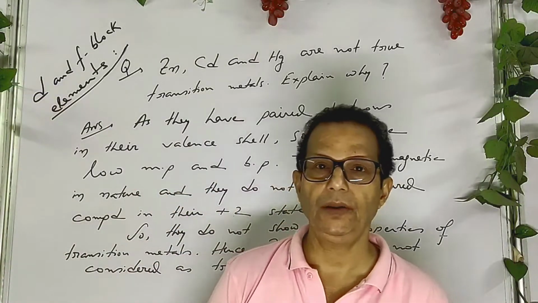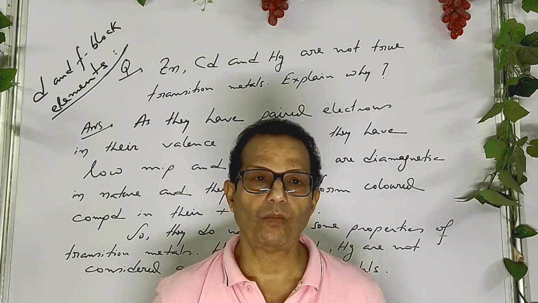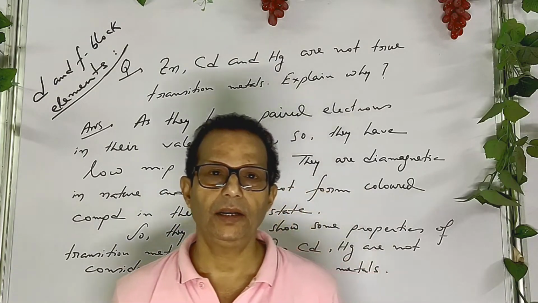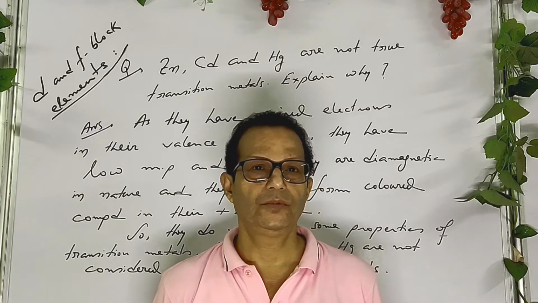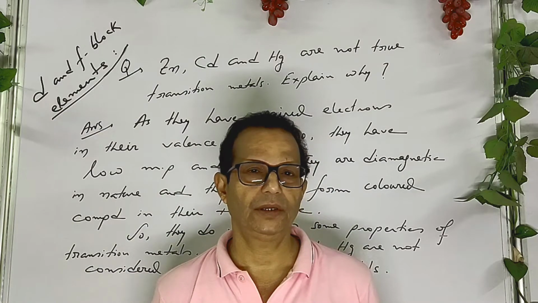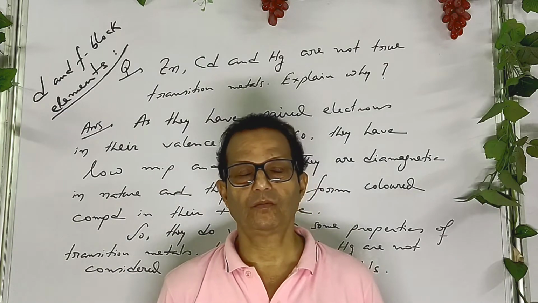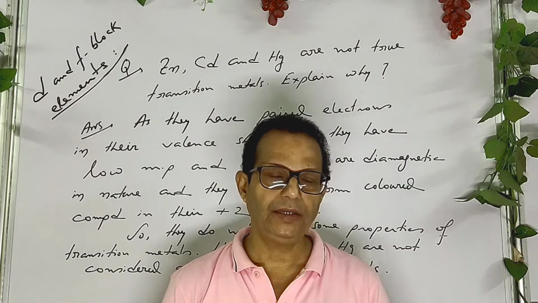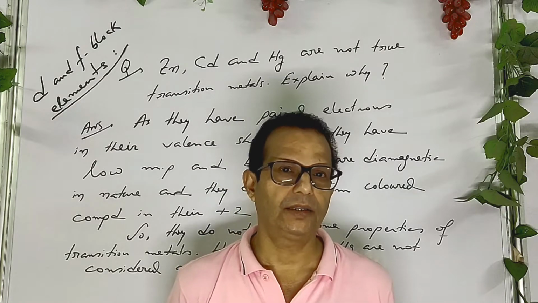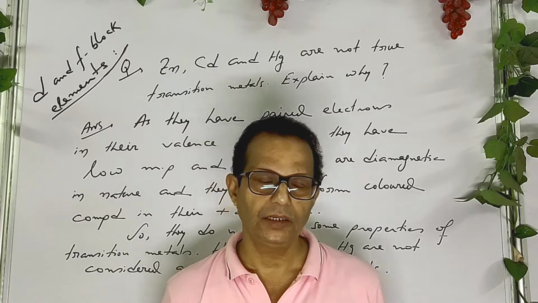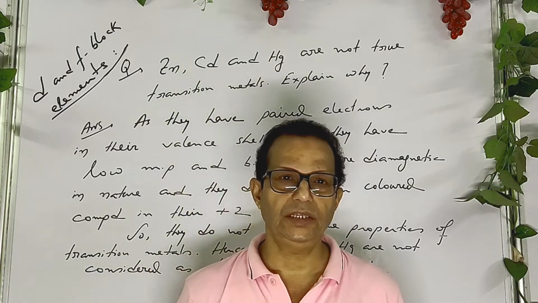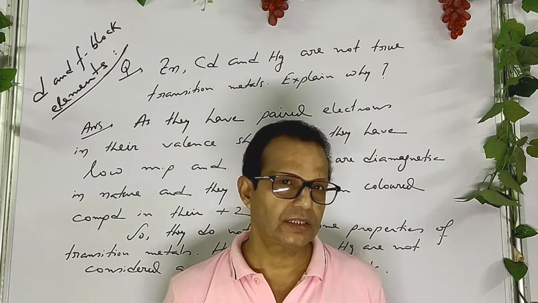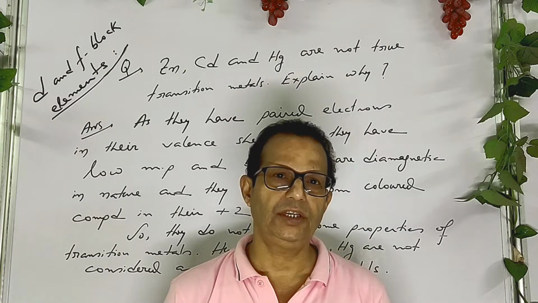Listen to the question, okay. You know that there are mainly 3 transition series. Don't write, only understand: the last element of the first transition series is zinc. The first transition series is called 3d transition series.